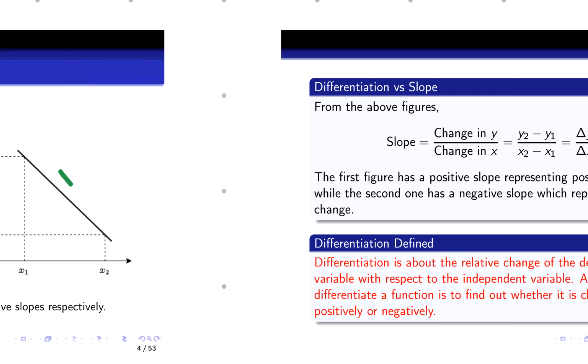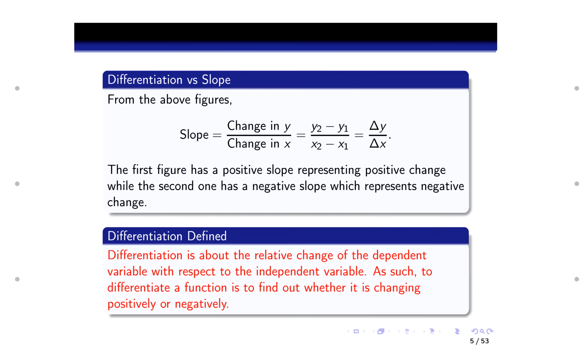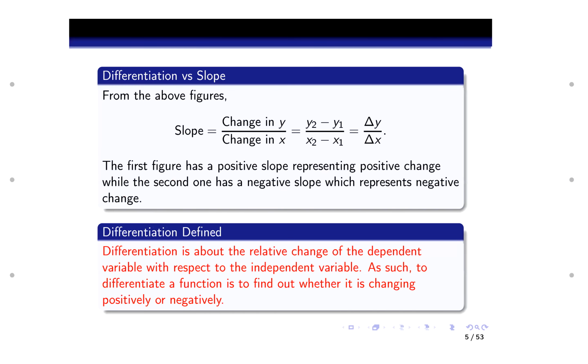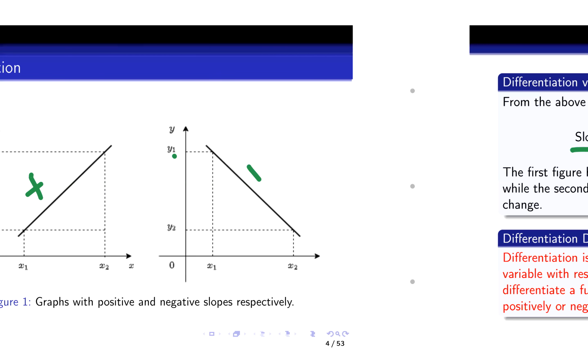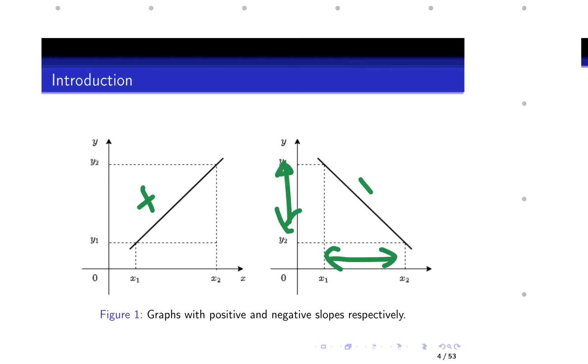Differentiation versus slope. Let's see how they connect. From the above figures, you see that slope generally is seen to be change in y over change in x. If you look at it from the graph, you see this change in y divided by this change in x. That's the basic idea of slope.